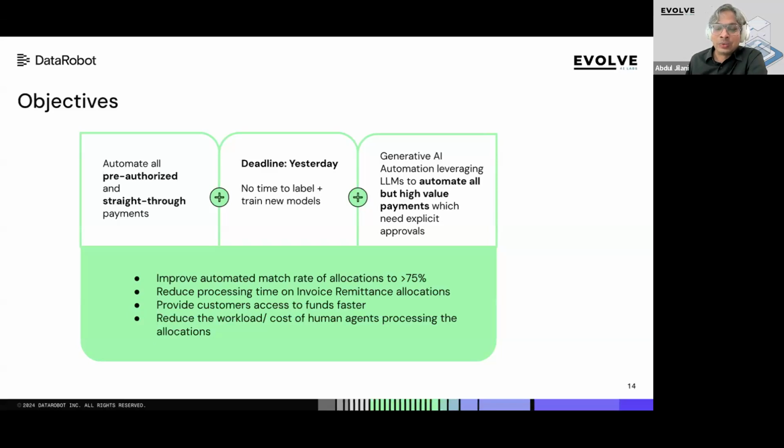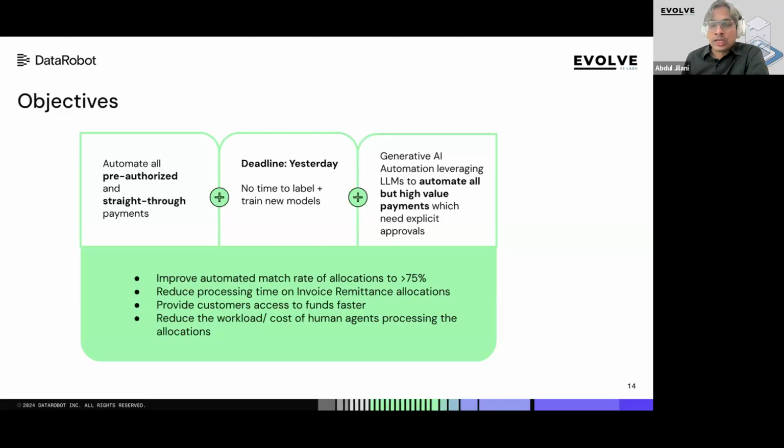So they don't have time to train and label new models. They wanted something to be done quickly because they were already spending a lot of cost and time on this. When DataRobot and Evolve spoke to them, we understood that they needed zero-shot learning, something that is readily available.